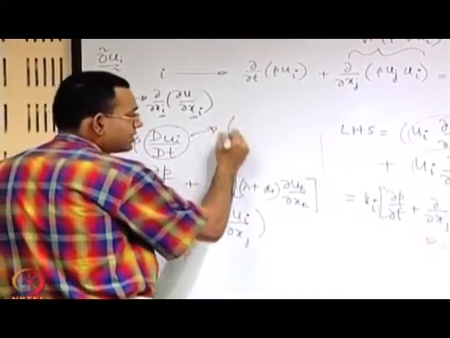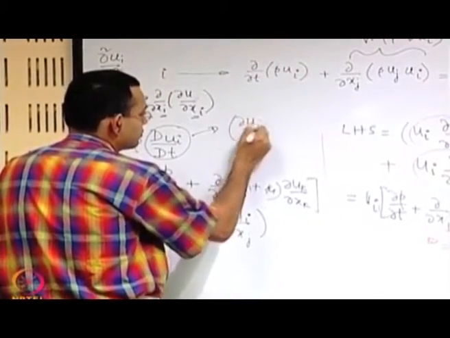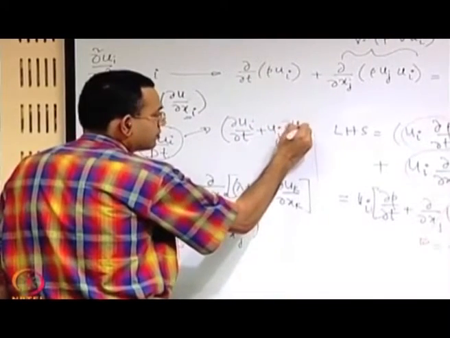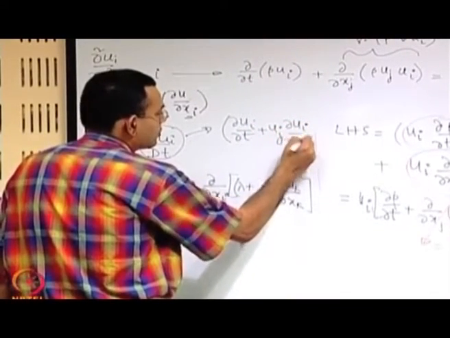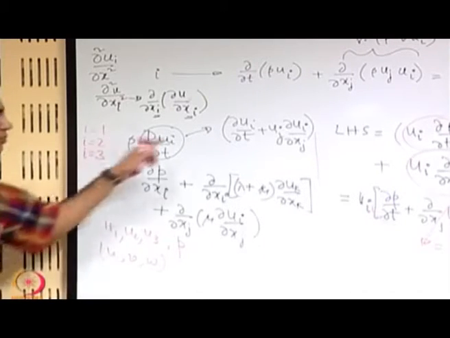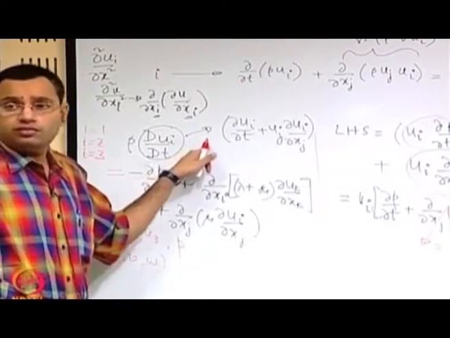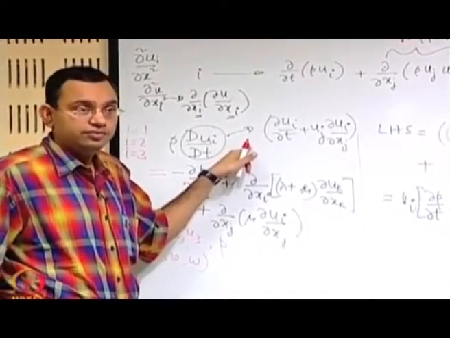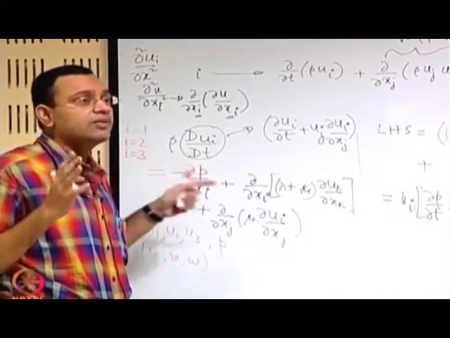Sometimes when this form is used it gives an illusion, as if it is valid for a constant density fluid. This is where knowing the derivations is important.